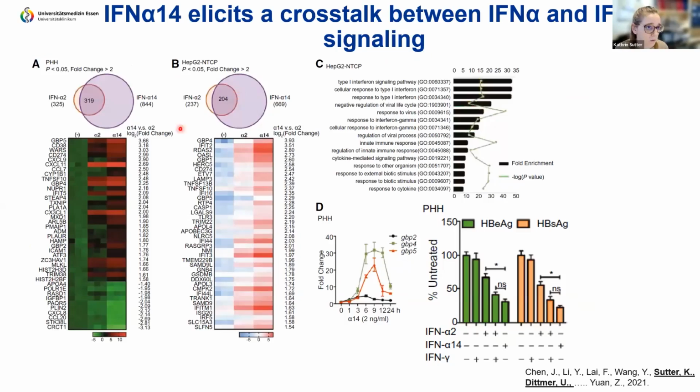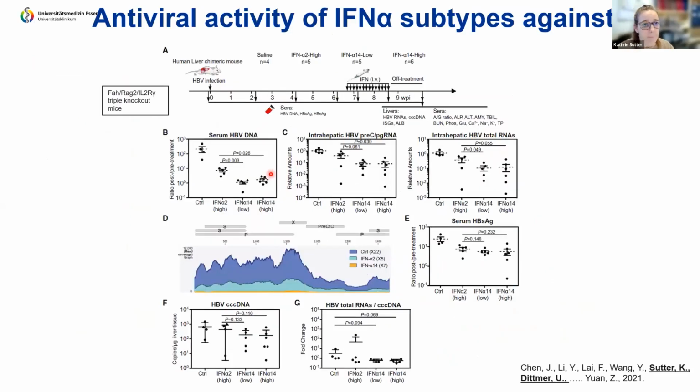It is strongly expressed by alpha-14, but not by alpha-2. So this was really important: we see here for the first time that interferon alpha-14 uses two different signaling pathways which are not used by alpha-2 alone.